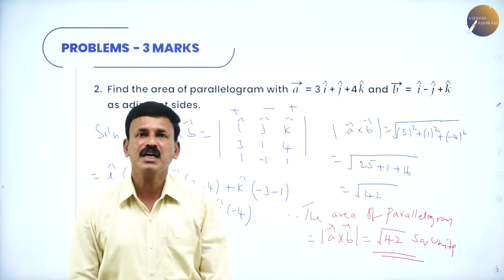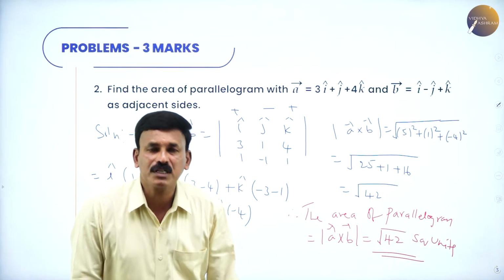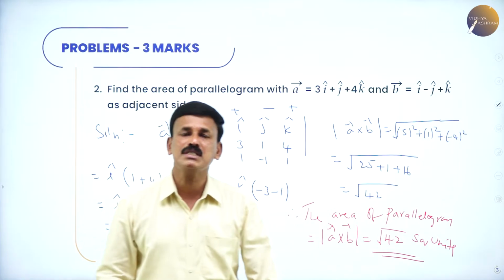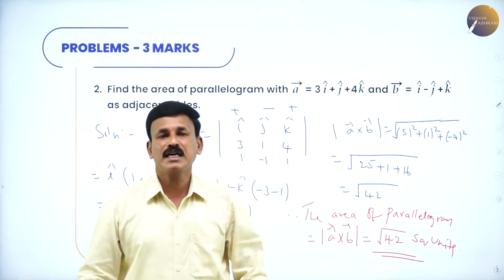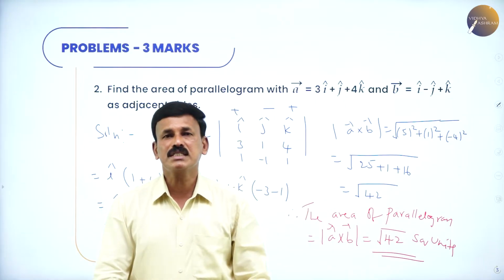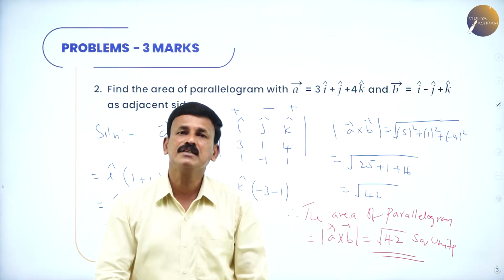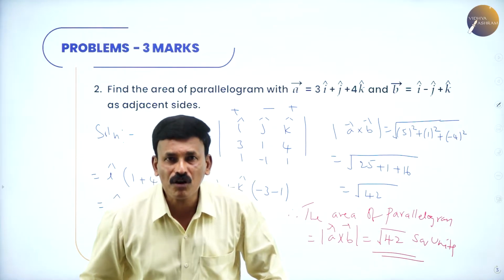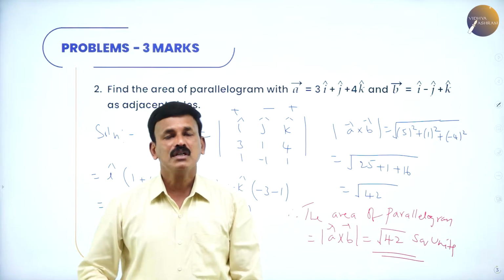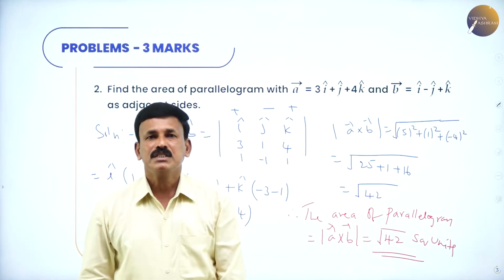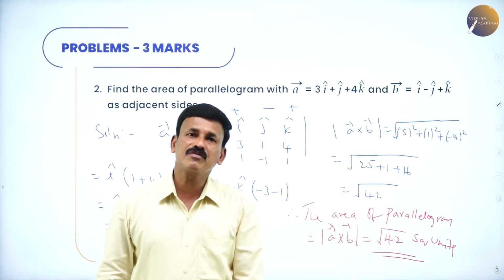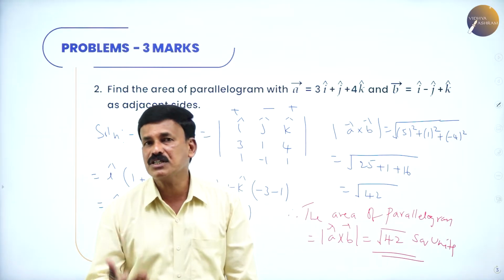So if A and B are the adjacent sides of a parallelogram, then the area of the parallelogram is the length of A cross B. And if A and B are the adjacent sides of a triangle, then the area of the triangle is half into the length of A cross B. Now suppose instead of adjacent sides of a parallelogram, the diagonals are given.